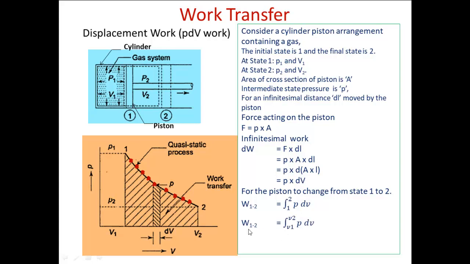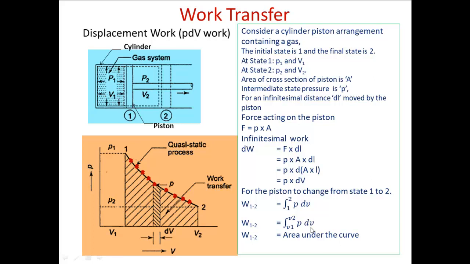So the total work done during this change of state from 1 to 2 is the integral from V1 to V2 of P dV. Here dV is the small volume change and P is the pressure at the intermediate state. This P dV represents the area under this diagram. The integral from V1 to V2 of P dV is the complete area under the PV diagram. So the work done during this process is given as the area under the curve in a PV diagram.